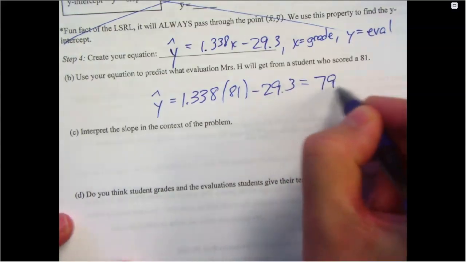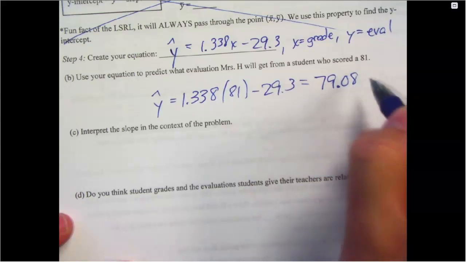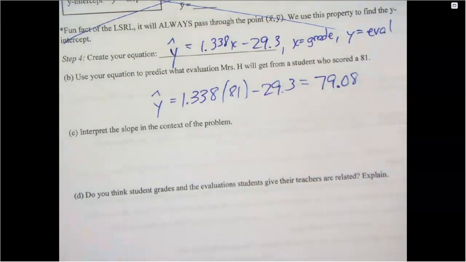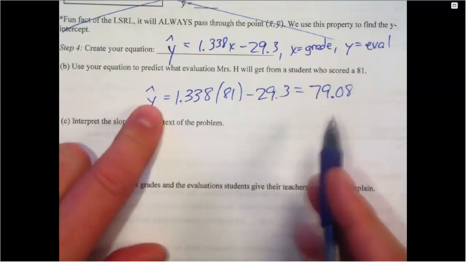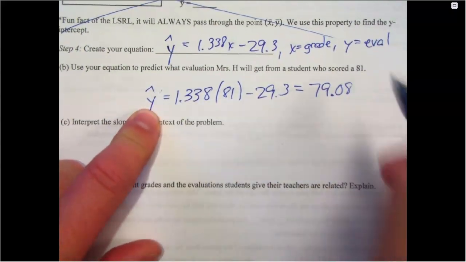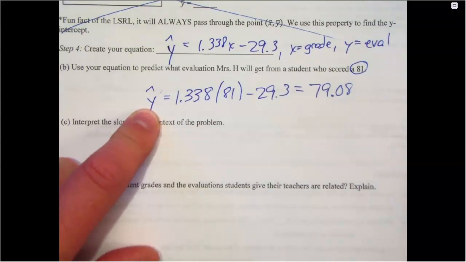So I get 79.08. That's the predicted score. The y hat, that's your prediction. This is your actual score. Is that a positive or a negative residual?